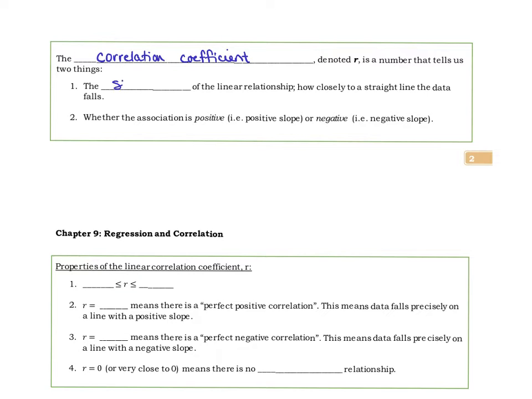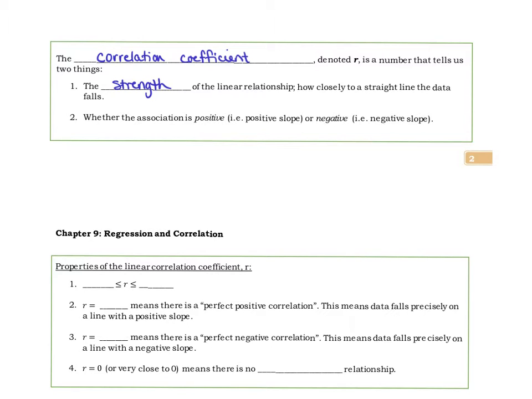The first thing it tells us is the strength of the linear relationship, which means how closely to a straight line the data falls, which we talked about. Super strong would mean the data is almost perfectly straight in a line. And then it also tells us whether the association is positive.